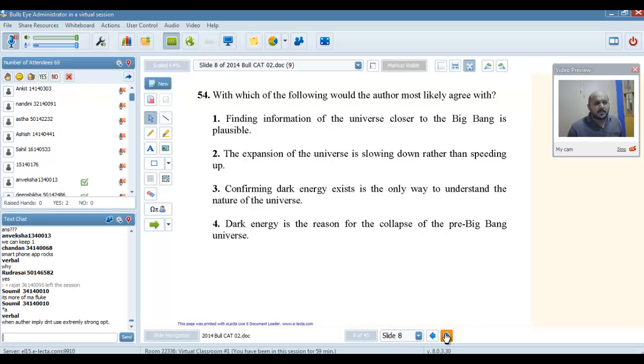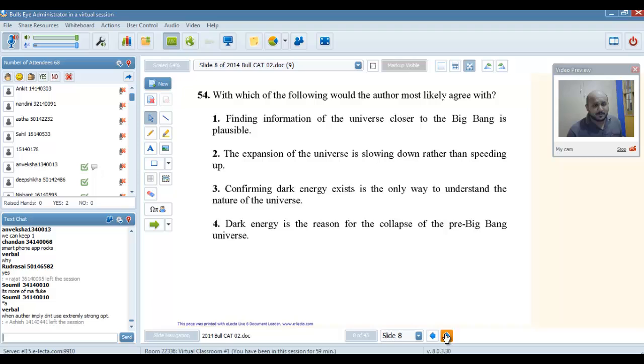Overall, if you think about this passage, this is a difficult one. There are easier ones in the question paper. So these are slightly dicey questions. You could have gotten them wrong. If I talk about question selection, I could have avoided this passage and solved some of the others.